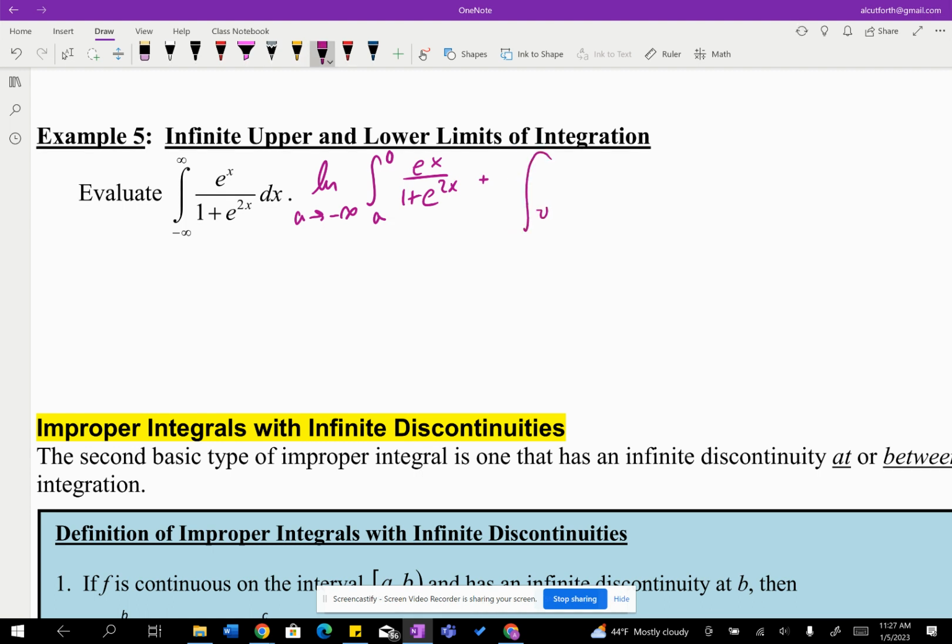But I'm also replacing them with letters at the same time, so I'm kind of doing 2 steps in one here. I'm breaking it up into 2 integrals and doing the good calculus student work by replacing the infinite limits with letters. And I picked 0. You could pick whatever number you wanted, but I like 0.